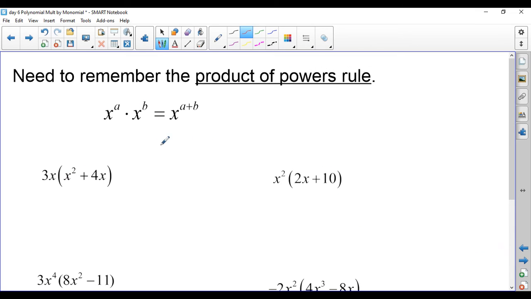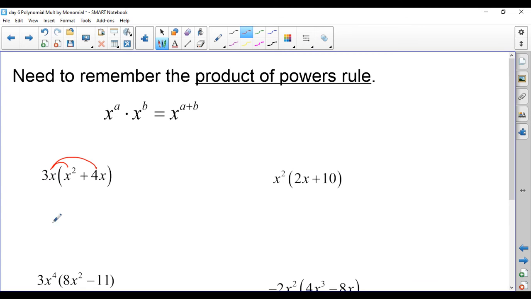We can also use our product of powers rule, which I talked about in the warm-up, in order to multiply by a monomial that's not a constant. Again, if you have x to the a times x to the b, you get x to the a plus b. So here, I'm going to multiply the 3x times the x squared plus 4.